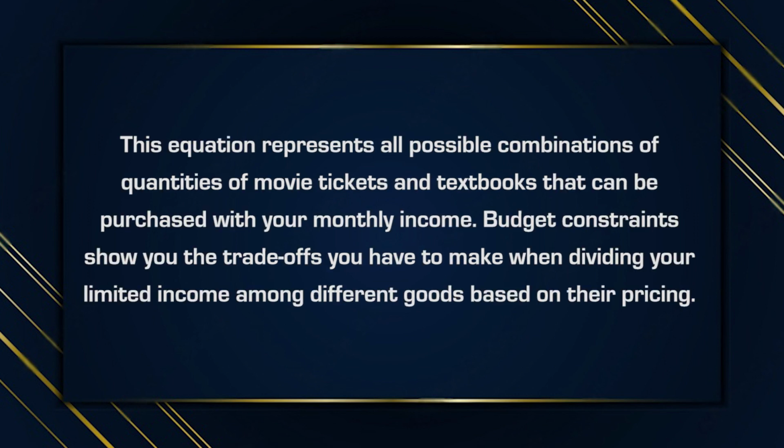This equation represents all possible combinations of quantities of movie tickets and textbooks that can be purchased with your monthly income. Budget constraints show you the trade-offs you have to make when dividing your limited income among different goods based on their pricing.